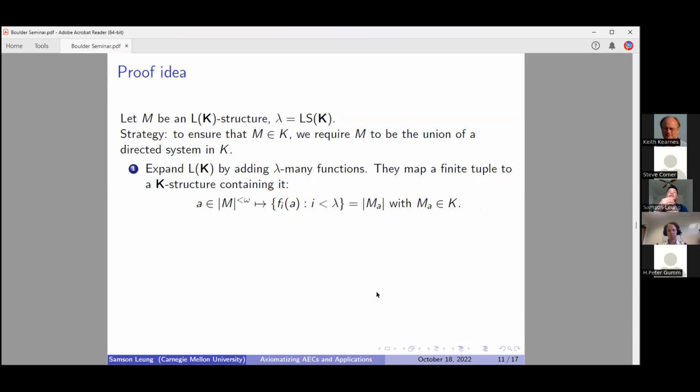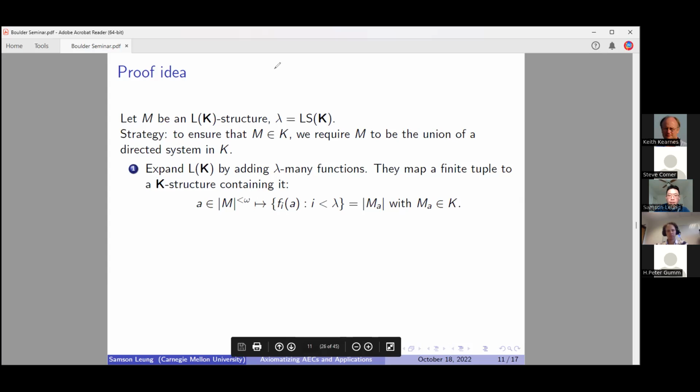So now we know that we need some directed system so we can take the union and get a model in K. We know the index set is just finite tuples of elements. So how can we write down a sentence or some theory to capture that? Let's simplify the situation a little bit.